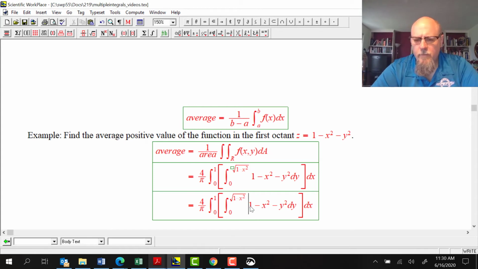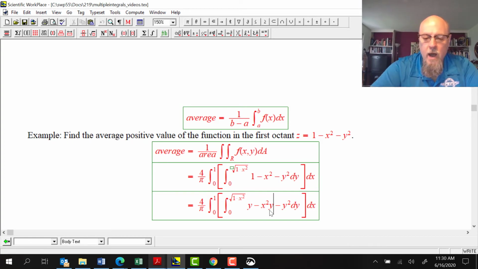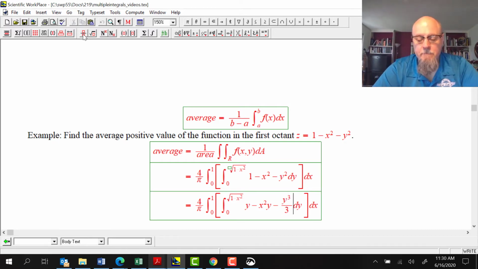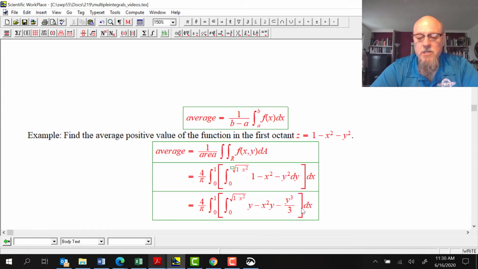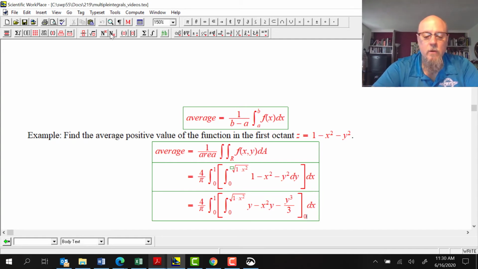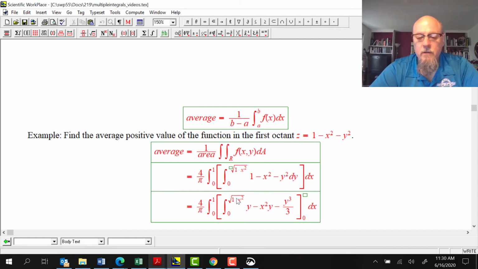if I integrate with respect to y, that's going to be an x squared y, and this will be a y cubed over 3. There's my integration. I want to integrate now from 0 to y equals square root of.